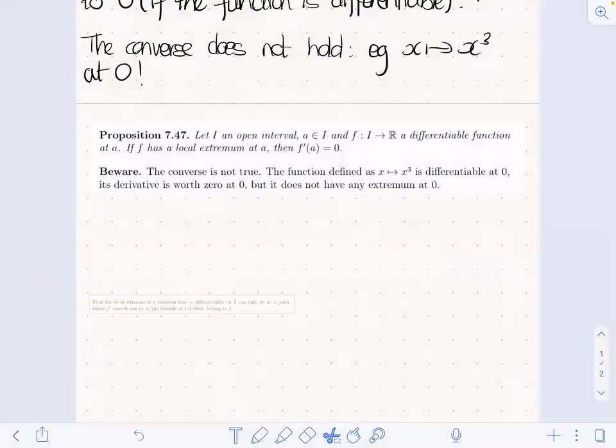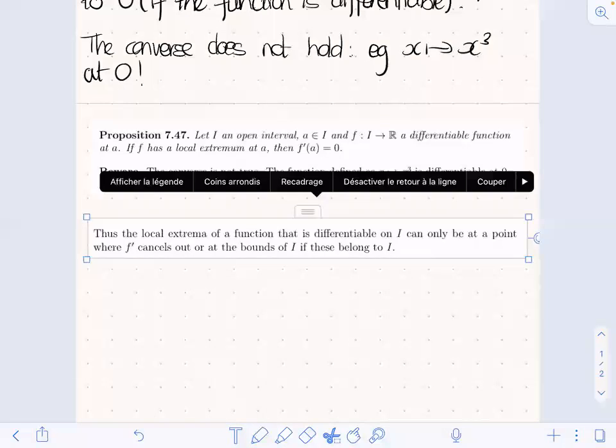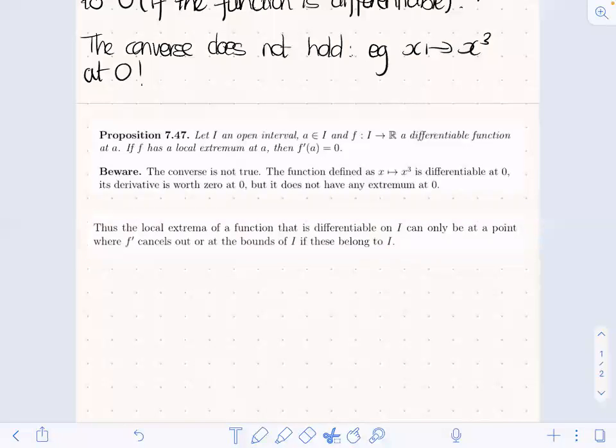It's called a necessary optimality condition, which you'll probably see later on at INSA. The maximum and minimum of your function will either be at the limits of your bounds or amongst points where f prime cancels out. But you need to check some extra things to then check whether you're a minimum or a maximum. But it helps a little.